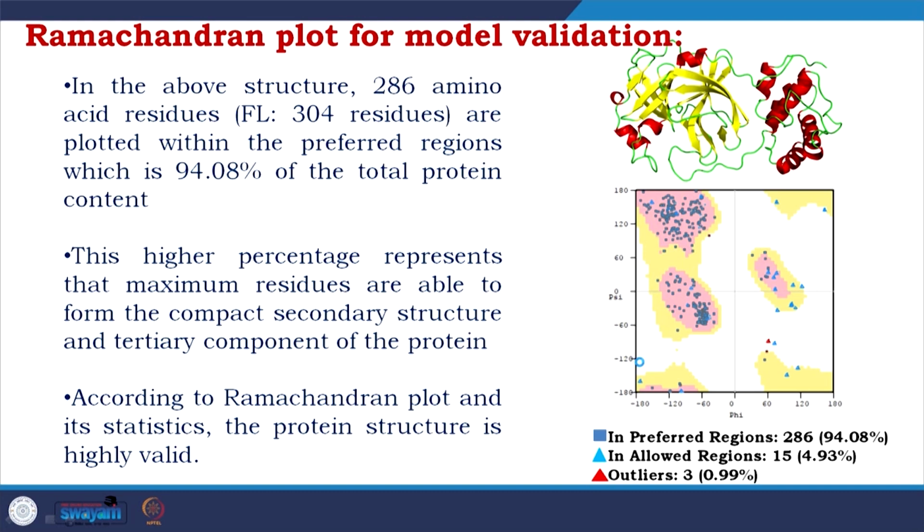So up to now I was talking about plotting. This is a wonderful application of the Ramachandran plot. Remember, we started this course by putting the problem in front of us, where through next generation sequencing we have a lot of sequences. These are DNA sequences which can be easily converted to protein sequences.